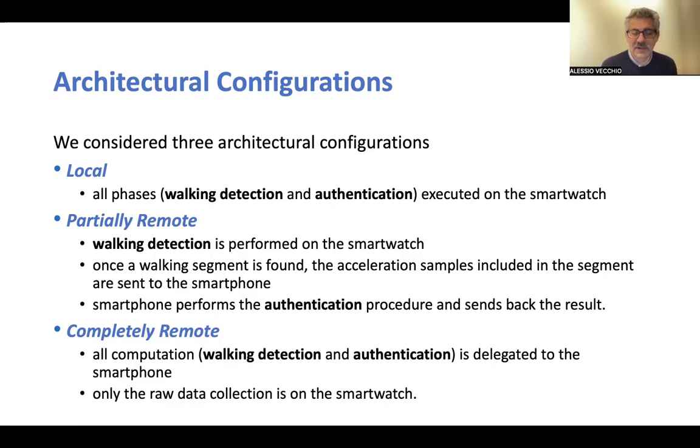Then in the completely remote configuration, all the computation, that is walking detection and authentication, is carried out on the smartphone side. So the data is transferred from the smartwatch to the smartphone side where it is processed.